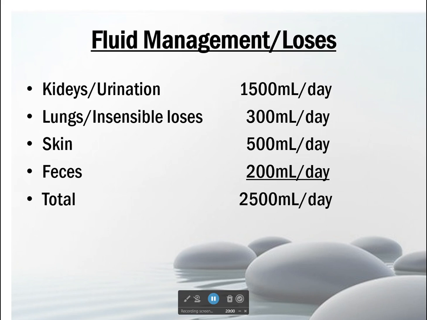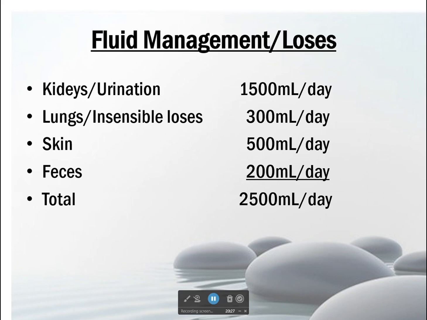Through a normal day, there's a normal amount of fluid losses that happens as a result of normal biologic functions. That's represented on this slide. What I want you to key in on is the biggest determinant of fluid volume state is the kidneys and the process of urination.